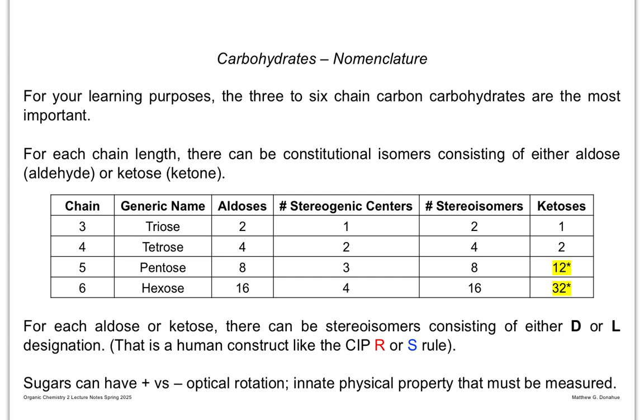And as you see, the number of aldoses increases quite a bit as we add each carbon to the chain. And again, that's just due to the stereogenic centers that are formed.